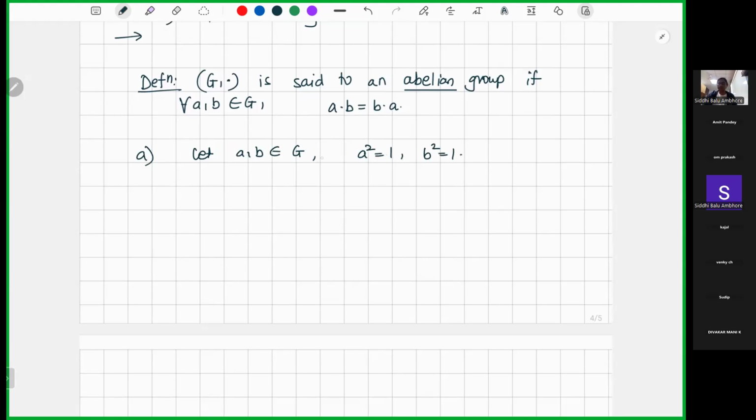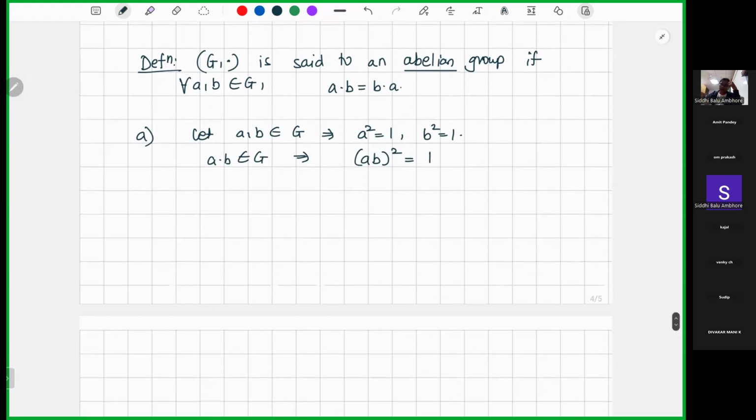Because A and B are elements of G. Now G is a group, so AB belongs to G. So this implies that AB square is also 1. This much is clear so far. A and B are in G, so A square and B square are 1. And since A dot B is in my group G, its square will be equal to 1.